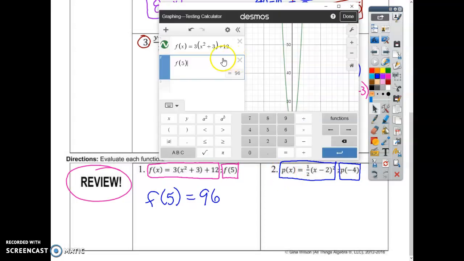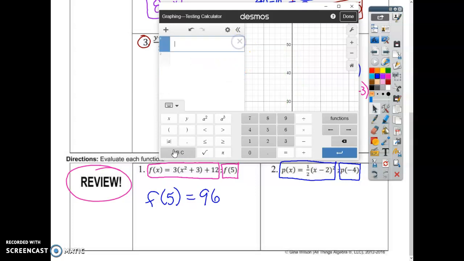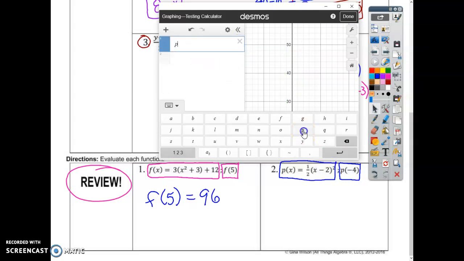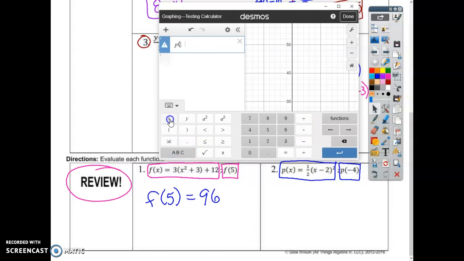So I have p of x equals 1 divided by 2, arrow over, parentheses, x minus 2, close parentheses, here's my square. You use this one for the little 2 up at the top.